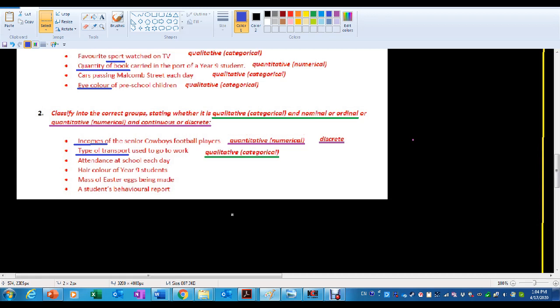Obviously it's impossible to order types of transport, but you can give them different names, right? So it should be nominal. It's about the names of things. So the subcategory is nominal here. Possibly I need to create a bit of space here.